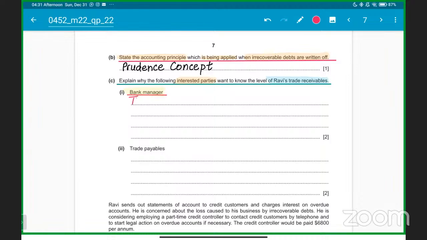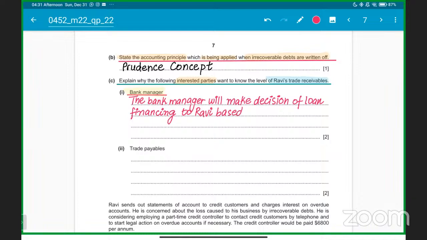So the bank manager will make the decision of giving a loan to Ravi, the decision of loan financing to Ravi, based on its receivables level, based on its trade receivables level. I'll explain what I mean by trade receivables level.